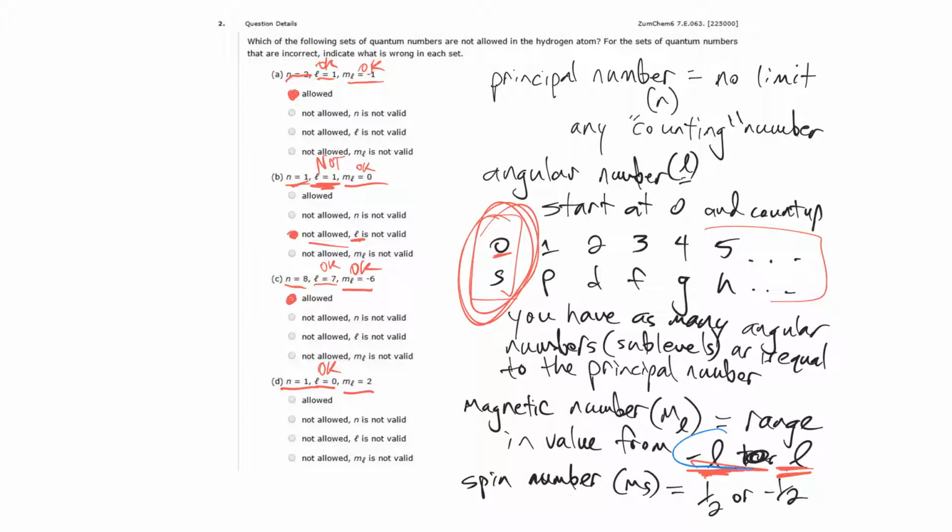Your magnetic number has to range in value from negative angular number to positive angular number. If we've established that your angular number is 0, that means the only magnetic number that's possible is also 0. So this is not okay. So I would click the box next to not allowed. The magnetic number is not valid.